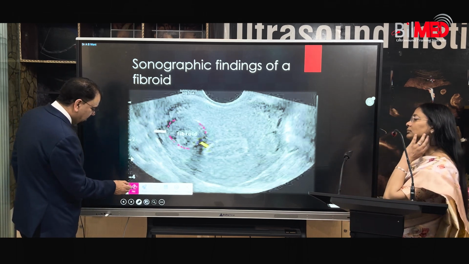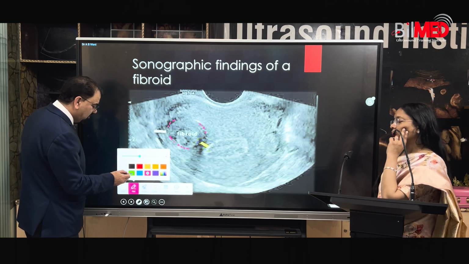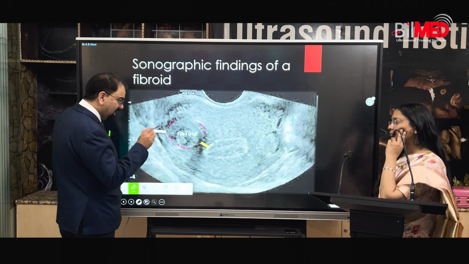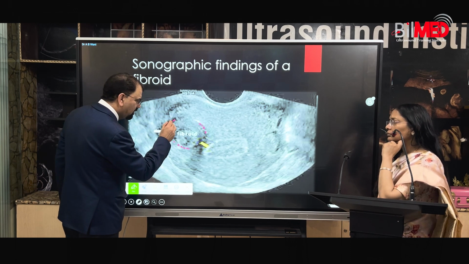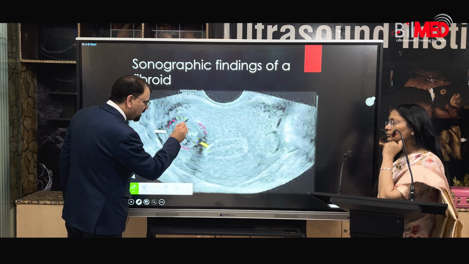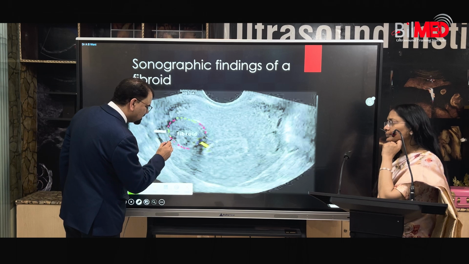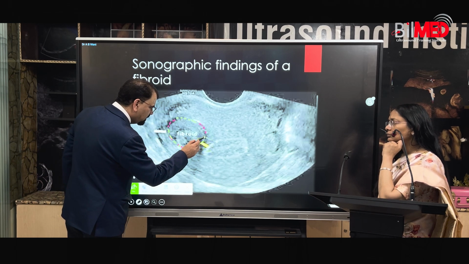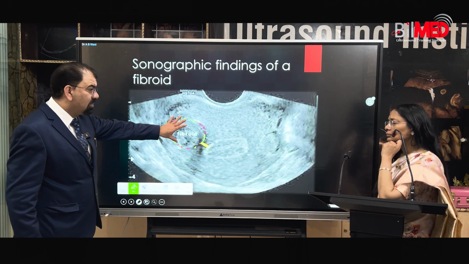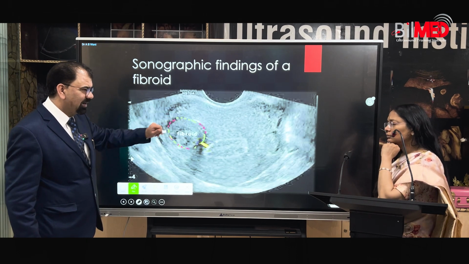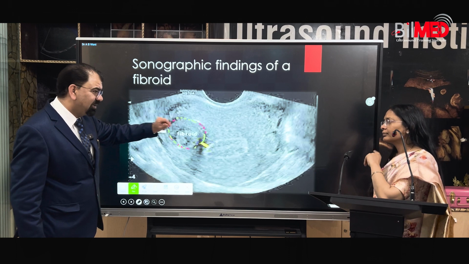Point number two, if there are some calcifications, these calcifications also, not in 100% of cases, but in most cases, will be located peripherally, like here. So why am I saying this? These are the margins, the borders of the fibroid.